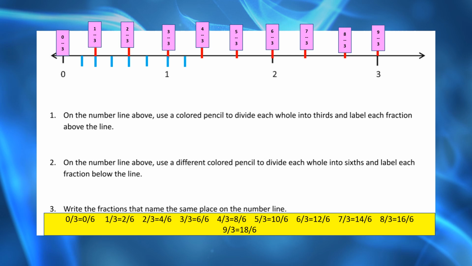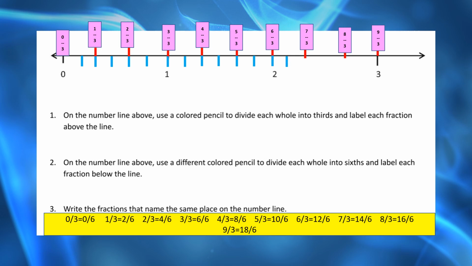The seventh line should be between 3/3 and 4/3. The eighth line should be directly under 4/3. The ninth line should be between 4/3 and 5/3. The 10th line should be directly under 5/3. The 11th line should be between 5/3 and 6/3. The 12th line should be directly under 6/3.